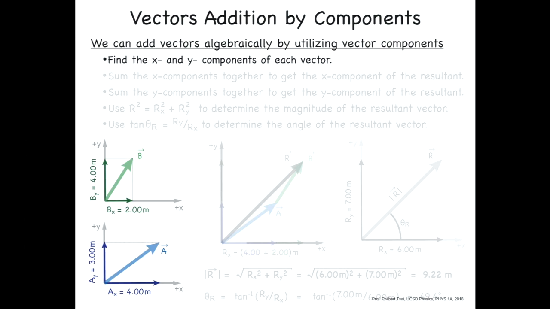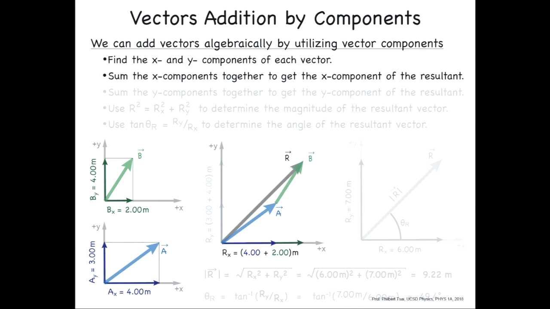So adding vectors algebraically now boils down to finding their x and y components, summing all the x components together, and summing all the y components together. Right? Because if I have something that takes me 3 miles east and then the next directions take me another 2 miles east, regardless of how far it takes me north or south, I'm going to end up 3 plus 2, 5 miles east.